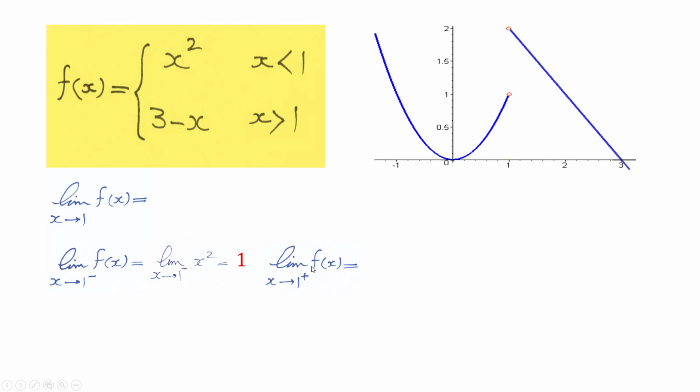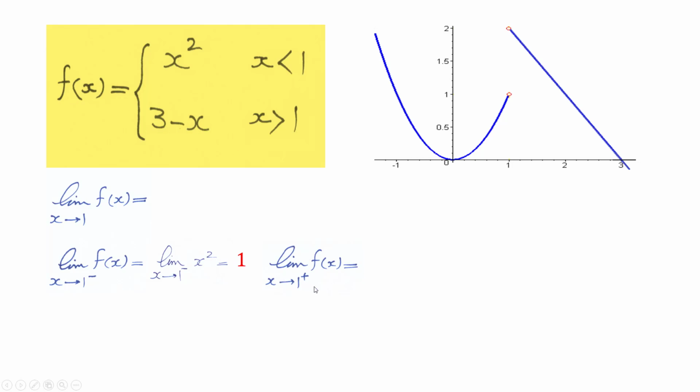Now let's find the right limit of our function as x approaches 1 from the right. As x approaches 1 from the right, the values of x are very, very close to 1, but their values are greater than 1. So from our piecewise function, between x squared and 3 minus x, we choose the second piece, because when x is greater than 1, the function is equal to 3 minus x.